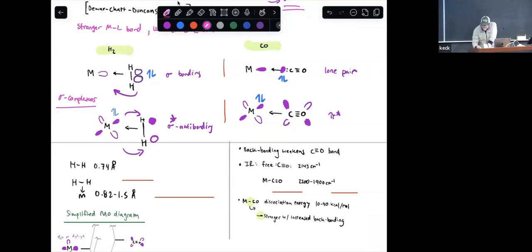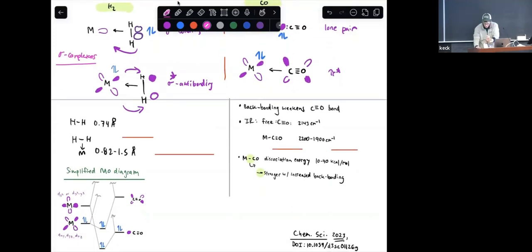So we can appreciate that H2 has the sigma bonding interaction, and there's electron density between the two H atoms, and that filled sigma bond can serve as a sigma donating ligand to the metal. And then if you draw out the sigma star antibonding orbital and orient it with the appropriate geometry with respect to the metal, you'll see that it is also capable of engaging in pi back bonding.